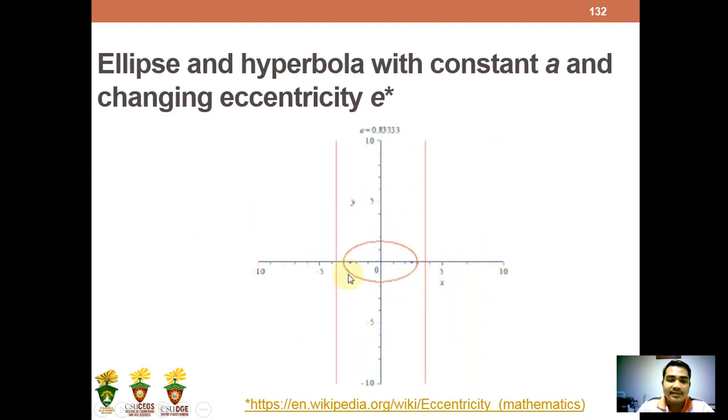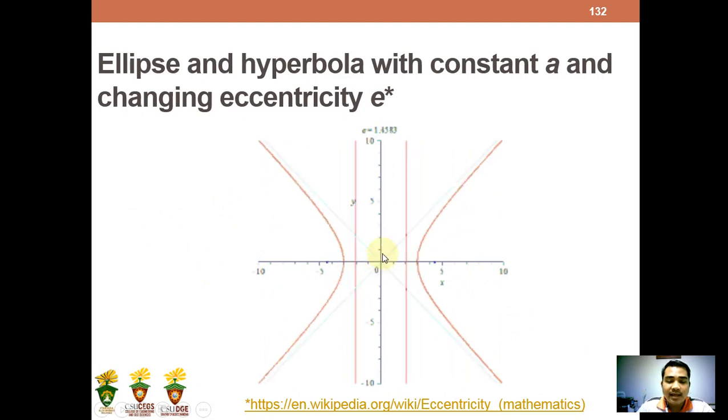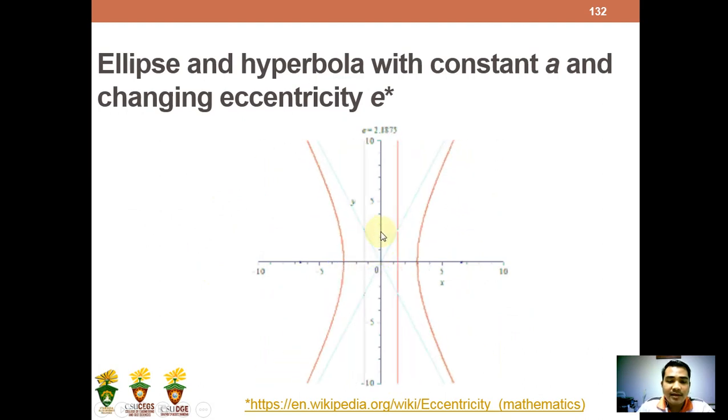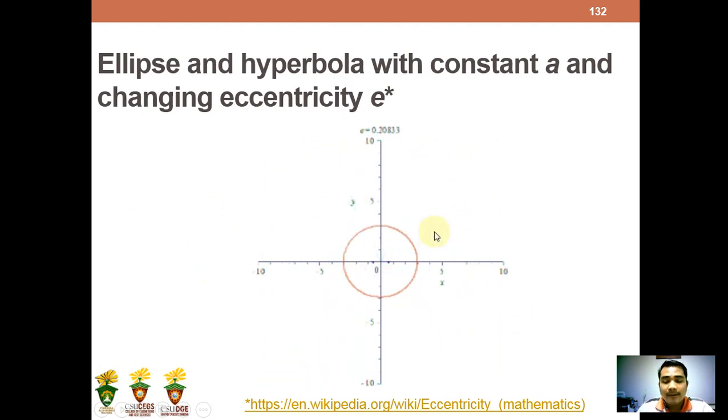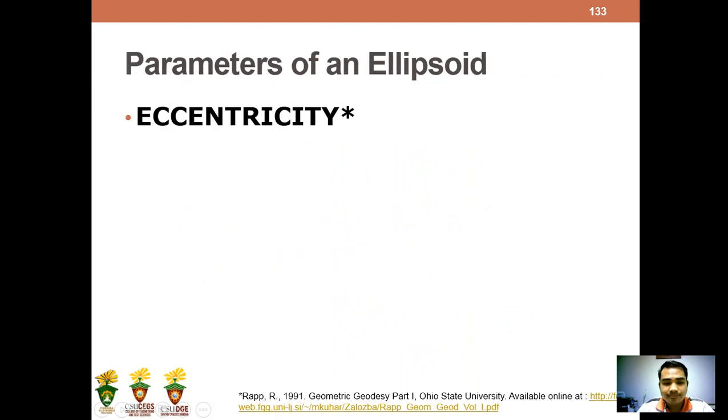That's the relationship between the constant A, the semi-major axis, and the changing eccentricity.